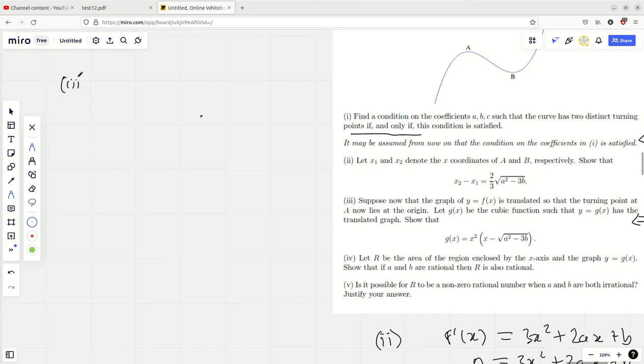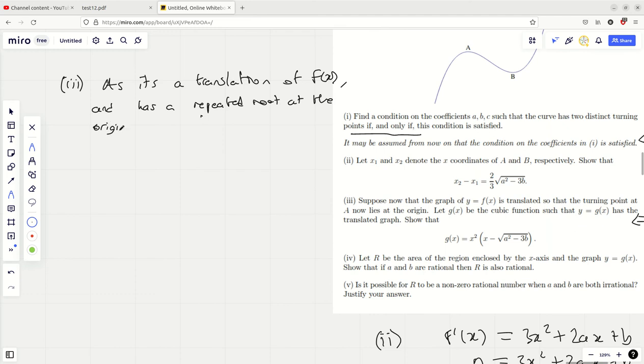I thought, well, we can see, as it's a translation of f of x, and has a repeated root at the origin, it must be of the form g of x equals x squared (x minus p).